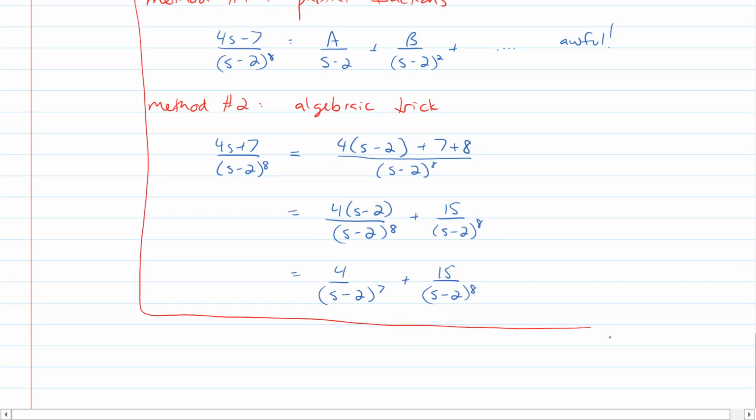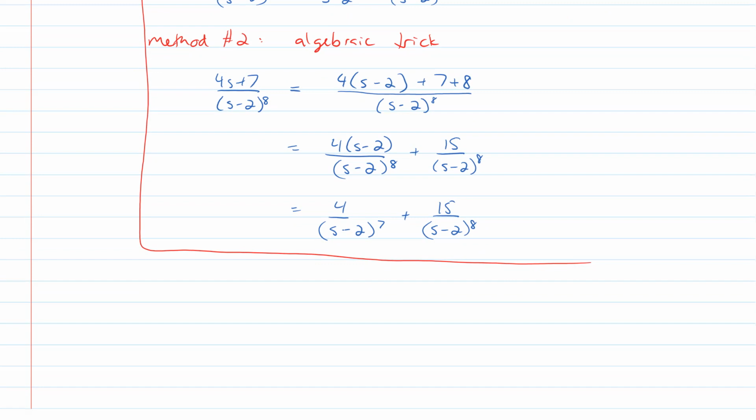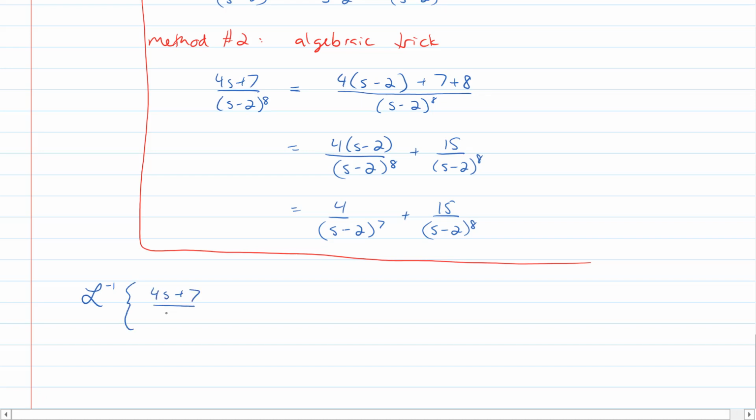So just partitioning that off, let's recall what we're trying to get: the inverse Laplace transform of (4s + 7) over (s - 2) all to the 8th power.